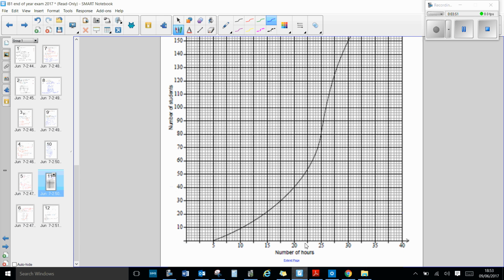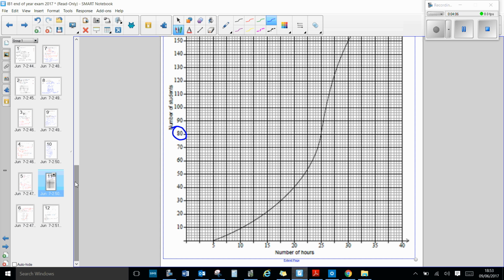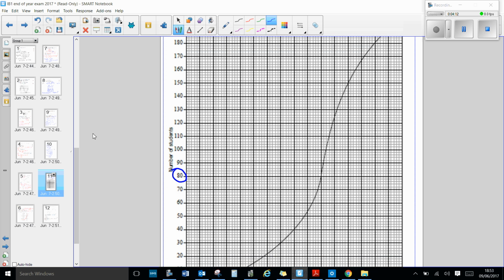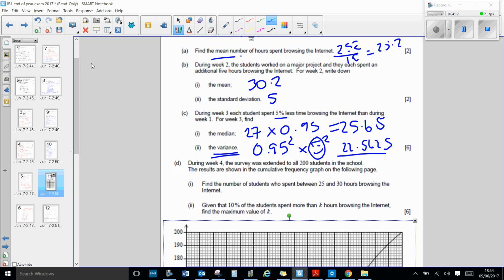Here's our graph: 25 hours is at 80, and 30 hours is 150. So it's 150 take away 80, which is 70 students.